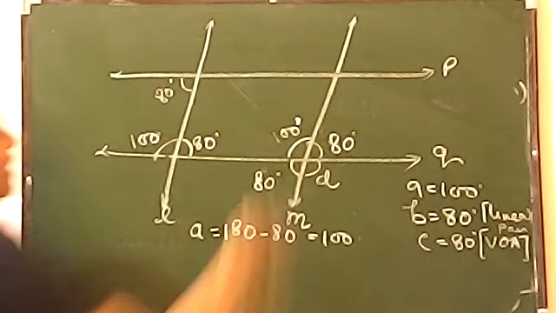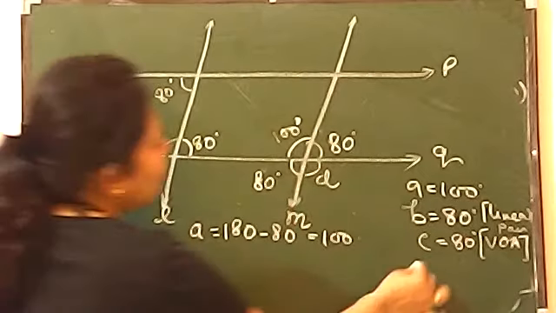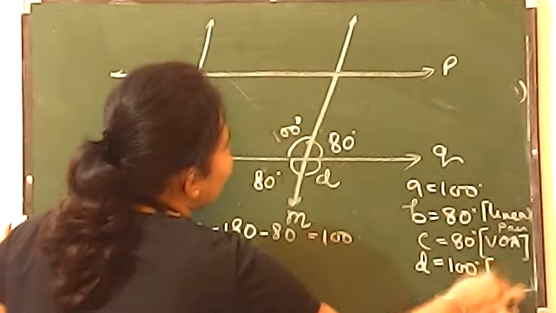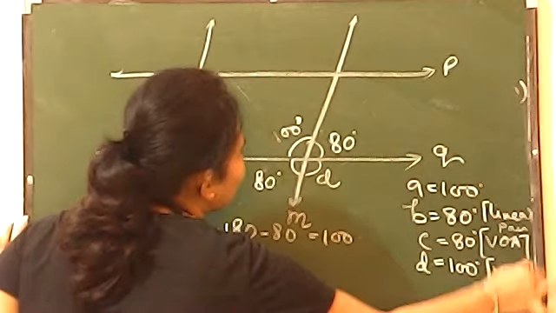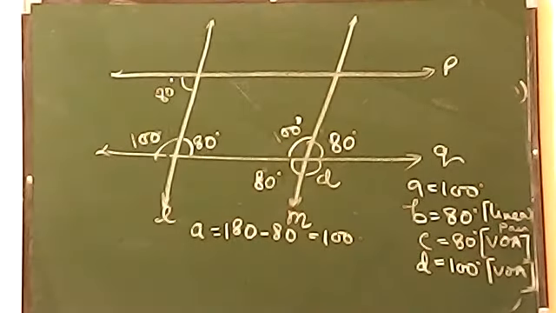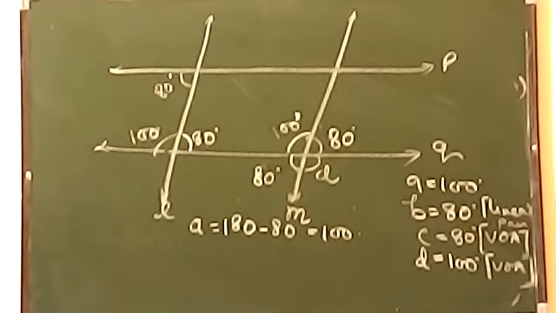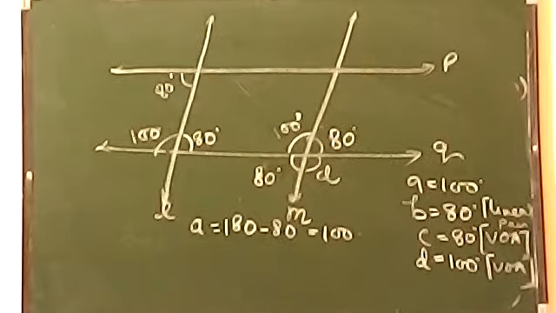Now you can see 100 and D both are making again a vertically opposite angle. So D की वैल्यू भी आ जाएगी कितना 100 degree just because of linear pair. It means you have got all the angles in this case. Some of them are 80, some of them are 100. Now finish beta.